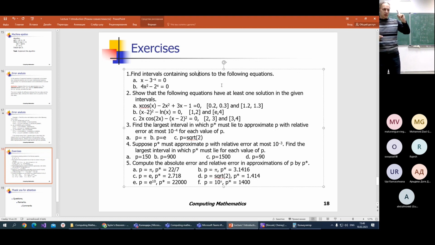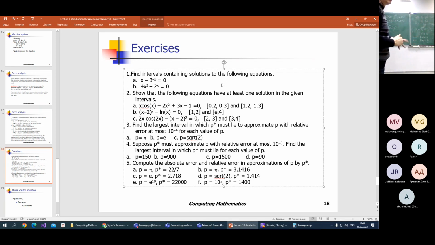If the function is continuous, because if the function is discontinuous, it can jump. So it can look like this. Here and here, a discontinuous function. No rules. Can we say that this function is not polynomial? It's not a polynomial.